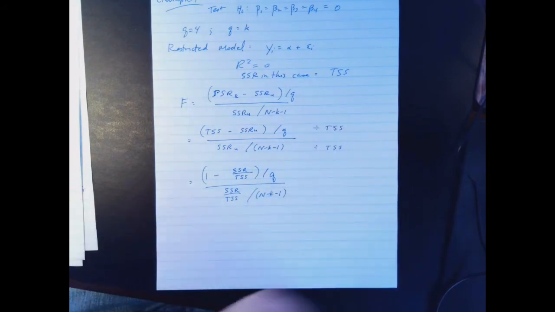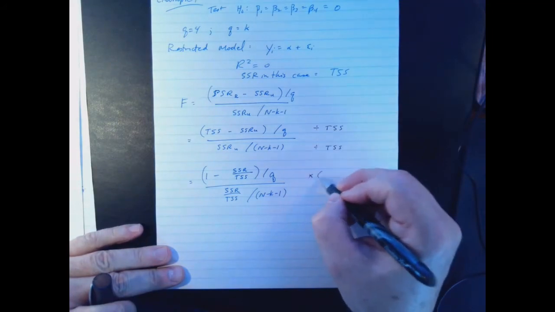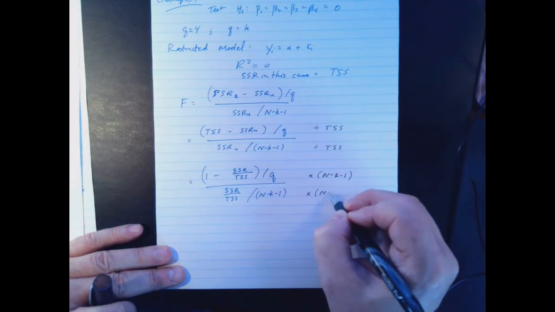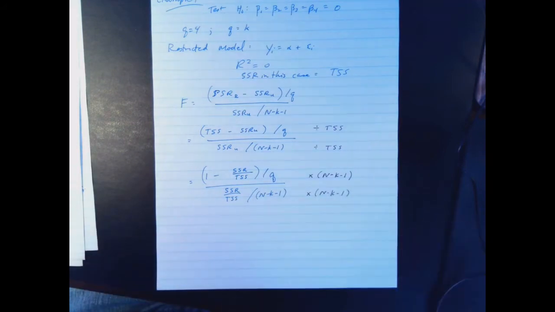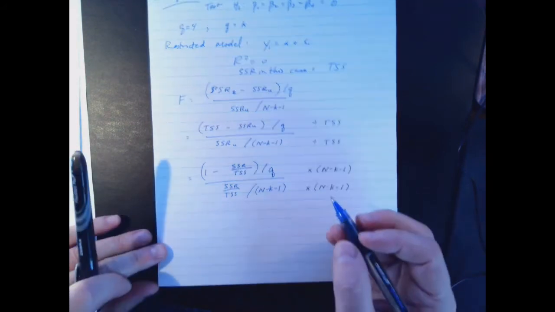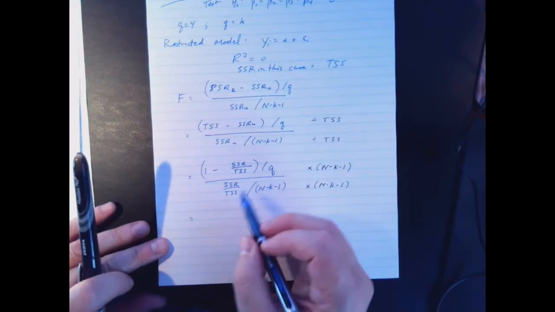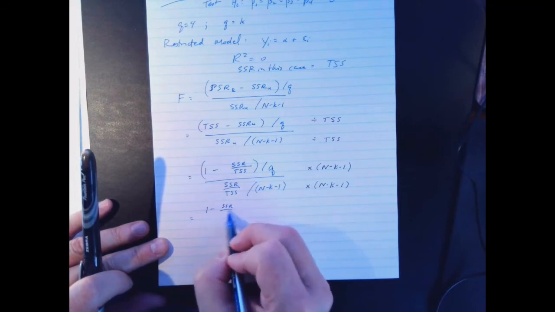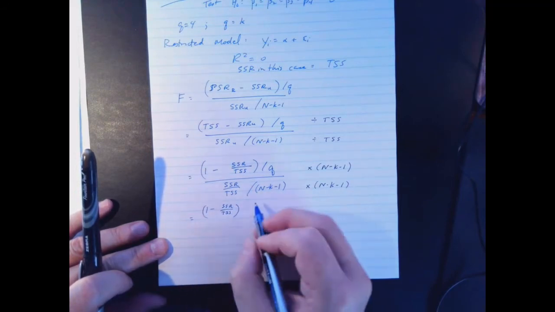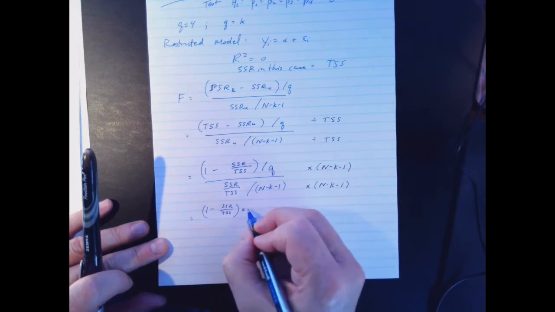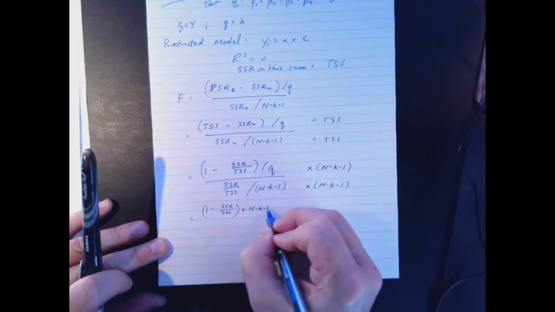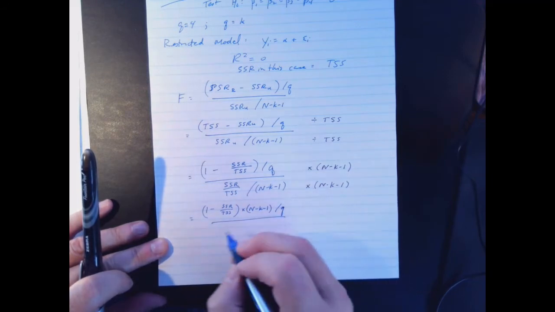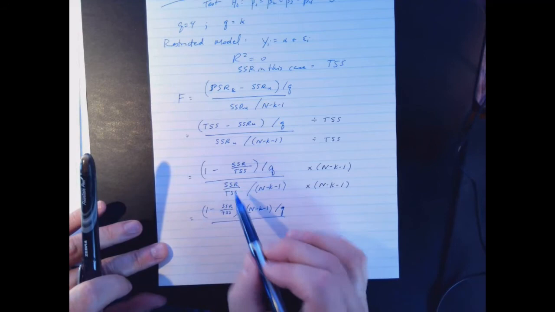And now I'm going to multiply the top and the bottom by n minus k minus 1. So then I get 1 minus the sum of squared residuals, 1 minus SSR over TSS, times degrees of freedom over Q. And that's all over this on its own.